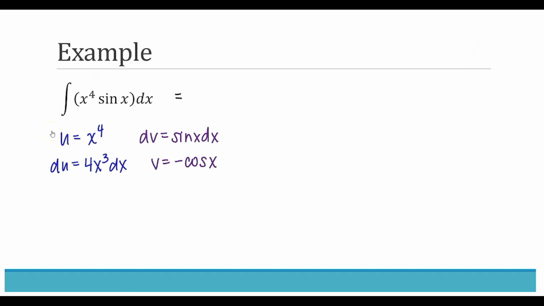If I apply my integration by parts formula and multiply u times v, I get x to the 4th times negative cosine x minus the integral of v, that's negative cosine x, du is 4x cubed dx.